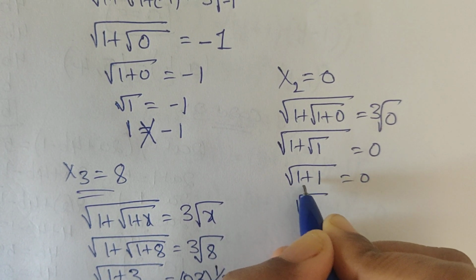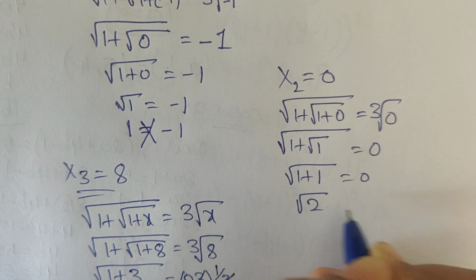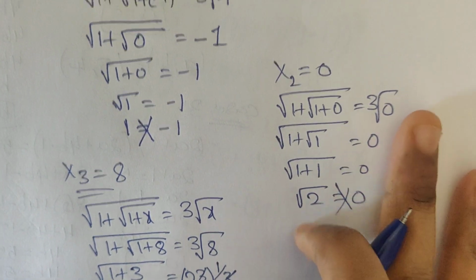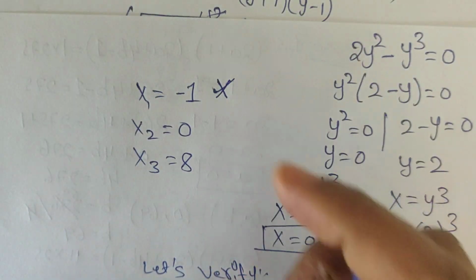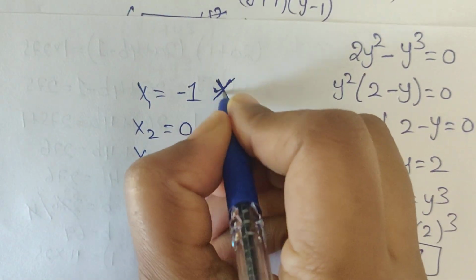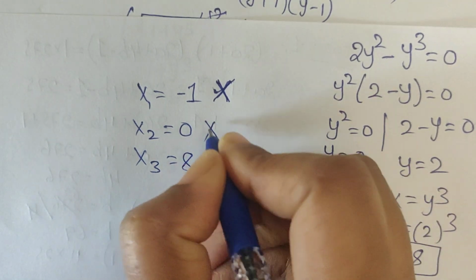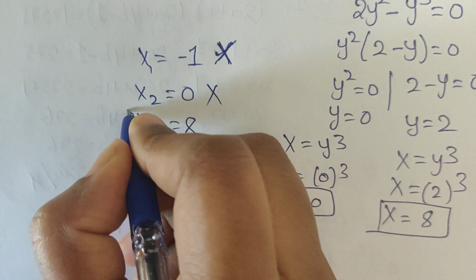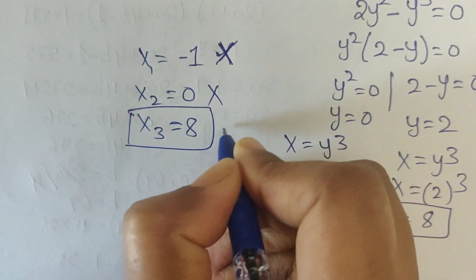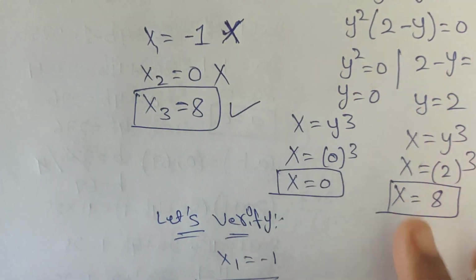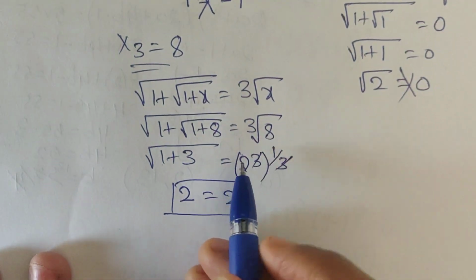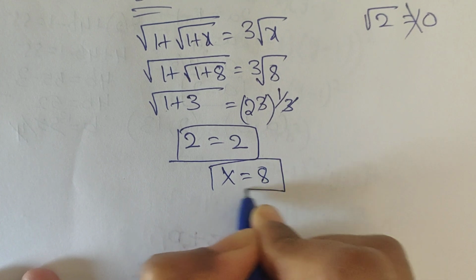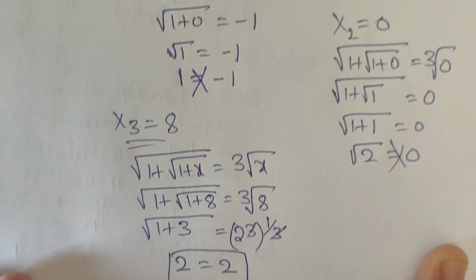Square root of 1 plus 1 which is square root of 2 equal to 0. So this is also not true. So these two are not real solutions, and the x3 value is the right answer. 8 is the right answer. So x equal to 8. Thank you for watching.